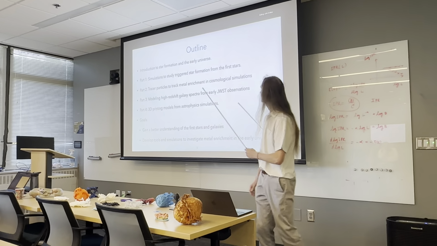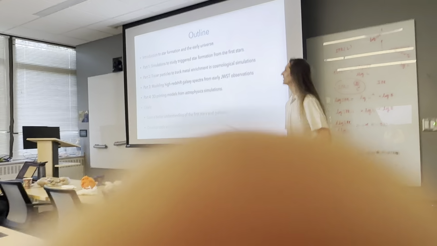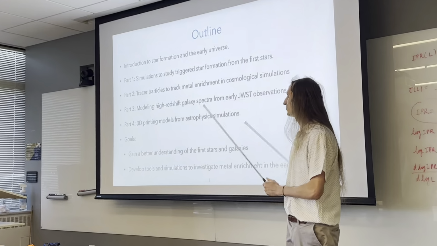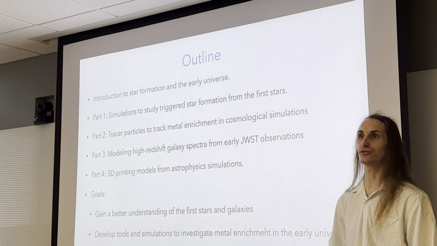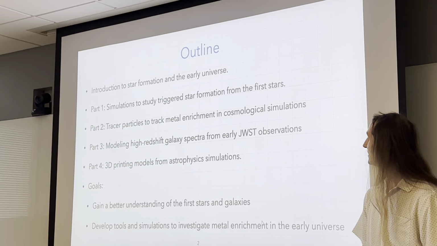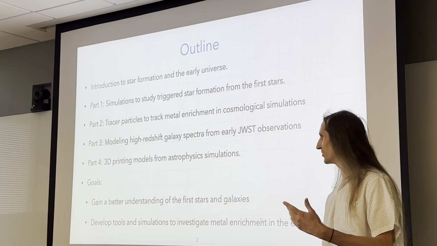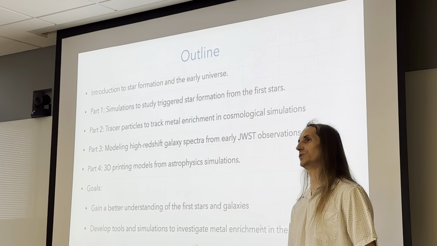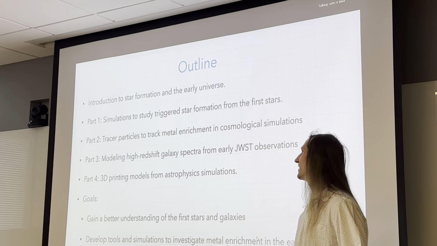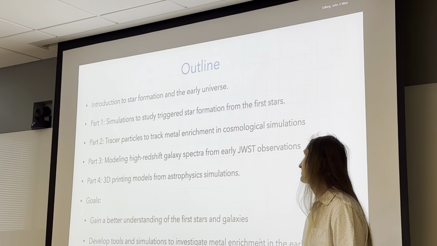So here's an outline for my talk. First, I'll give you a little introduction to star formation and the history of the universe. Then there are 4 parts. In part 1, we'll talk about developing triggered star formation simulations from one of the first stars. Then in part 2, I'll show you code that I've developed using tracer particles that can track metals produced in supernovae in cosmological simulations.